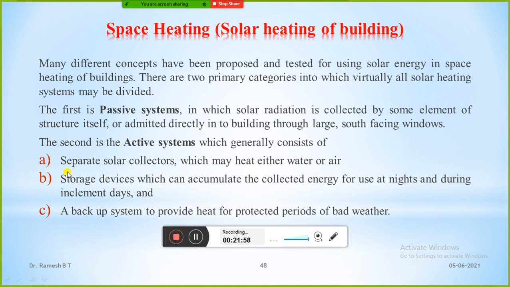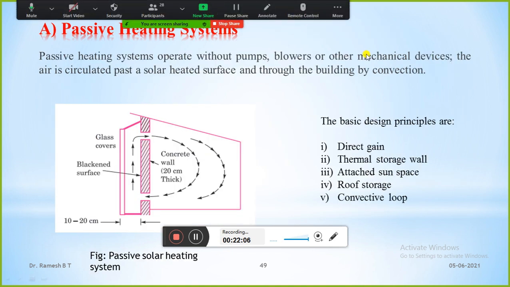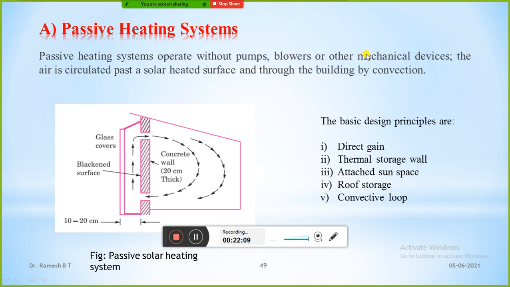Based on this we are going to discuss solar heating of buildings or space heating. First we go with passive systems. Passive systems operate without blowers, without a pump, and without any mechanical devices. The air is circulated past a solar heated surface and through the building by convection. The heated air is less dense, and the cooler air moves down.